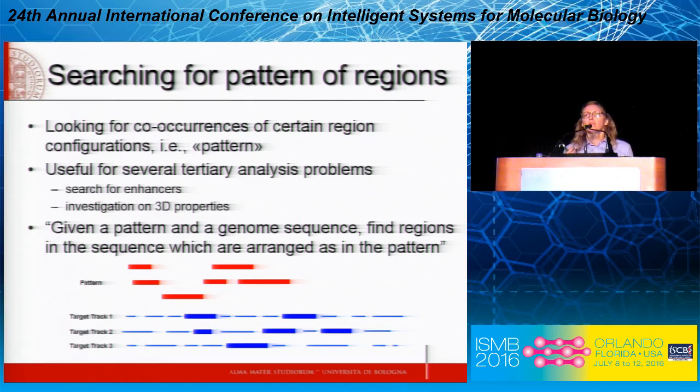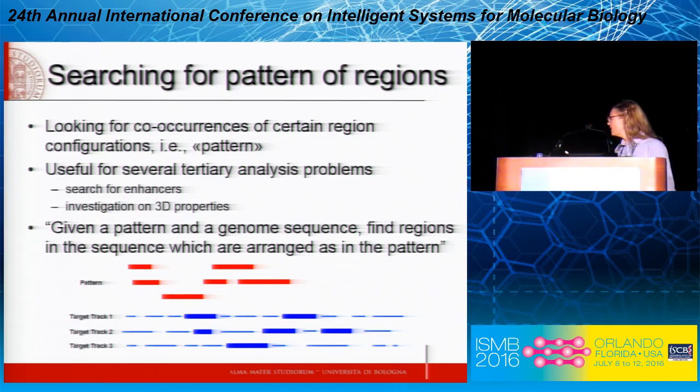It's important because it can help in understanding the biological meaning of an NGS experiment, and even in understanding biomolecular phenomena. So it's so important for the tertiary analysis. We can define our problem in this way.